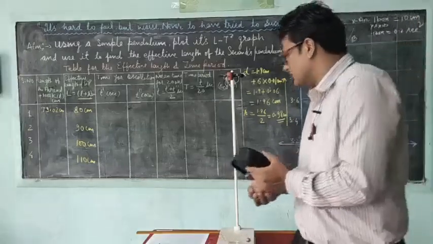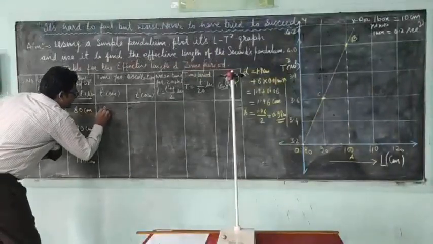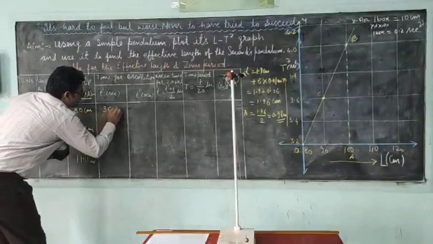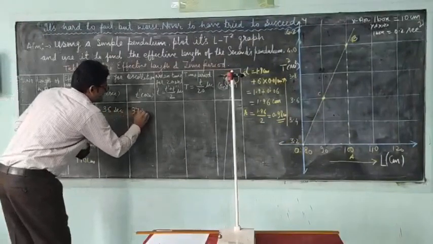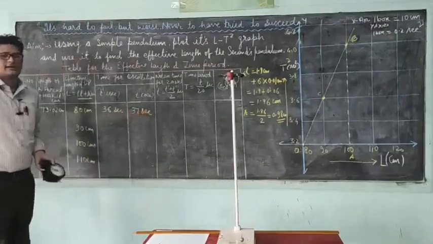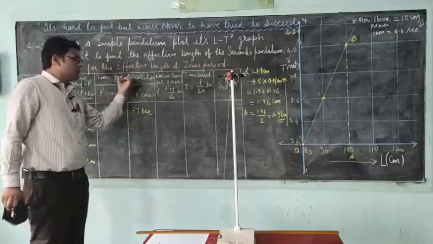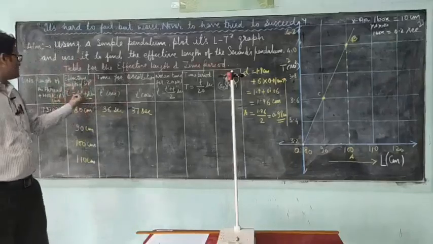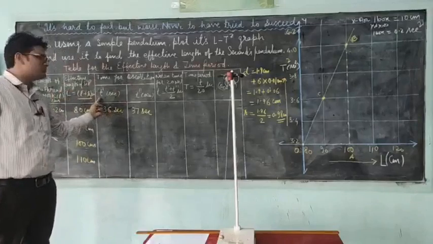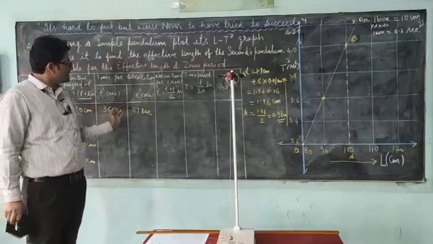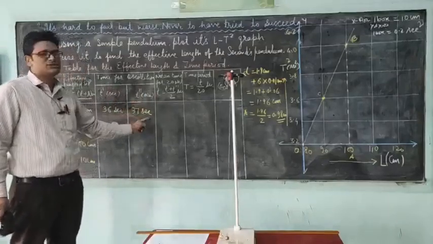In the first 20 oscillations the time taken by the bob is 36 seconds, and in the next 20 oscillations the time taken is 37 seconds.